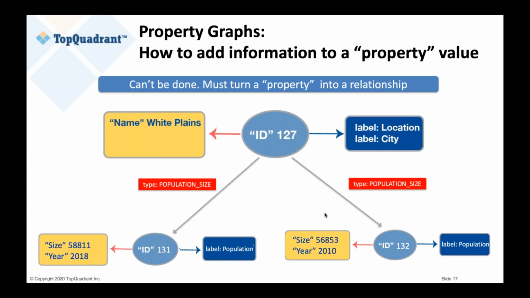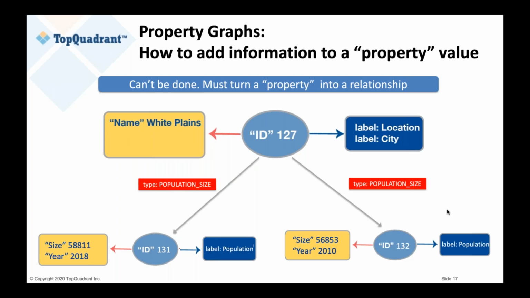You create a new node, label it population, build a relationship, move the size here as a key-value pair, move the year here, and so on. So you actually change the graph structure significantly. What that means is that your data must be modified. It's not just an evolution, it's actually a modification.